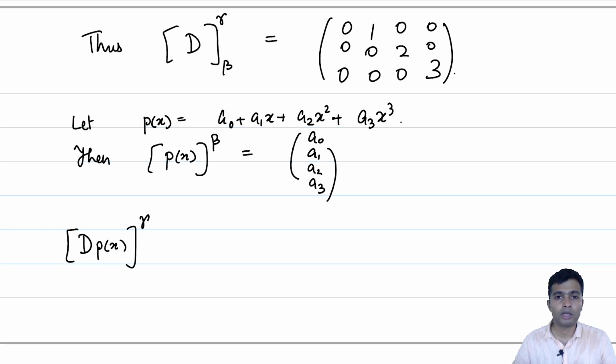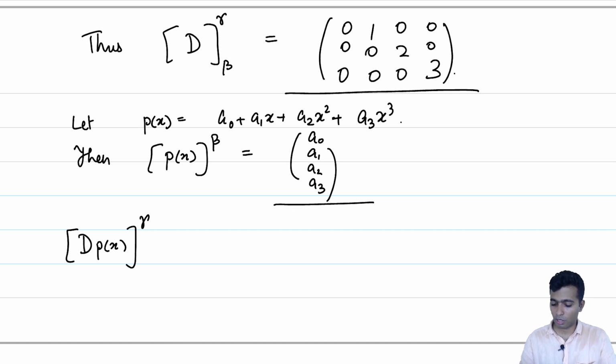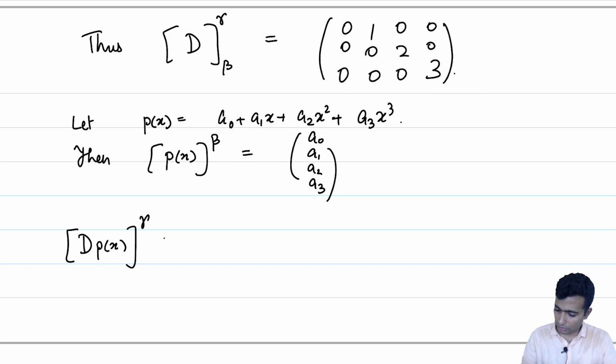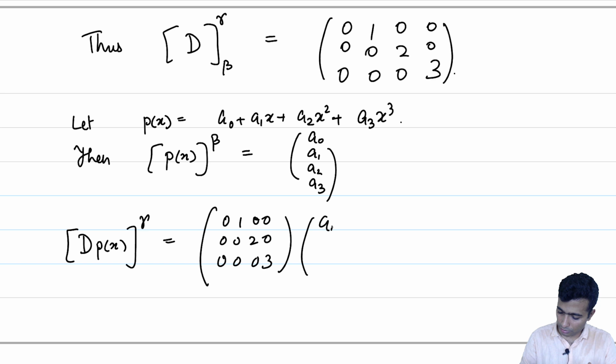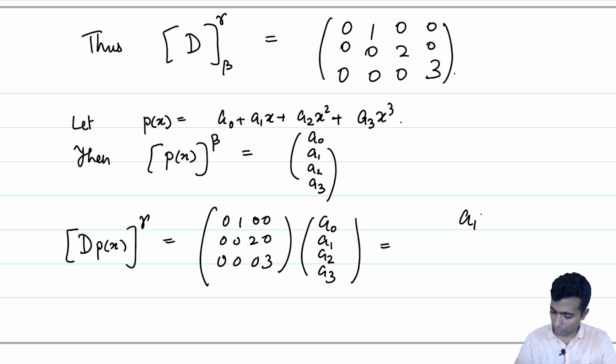This is just going to be the matrix multiplication of the matrix above with the coordinate vector of p of x with respect to beta, and that will just be equal to 0 1 0 0, 0 0 2 0, 0 0 0 3 times a0, a1, a2, a3, which is going to be a1, 2a2 and 3a3, as it should be.